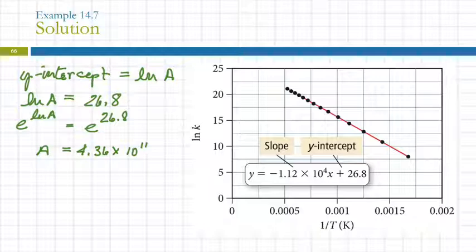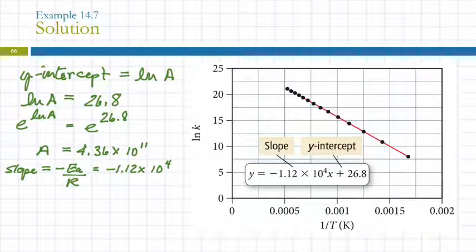So the slope is equal to negative EA over R. In this case, that is minus 1.12 times 10 to the 4th. And what's R? 8.314 joules per mole Kelvin.